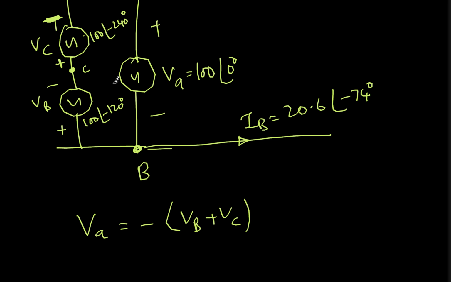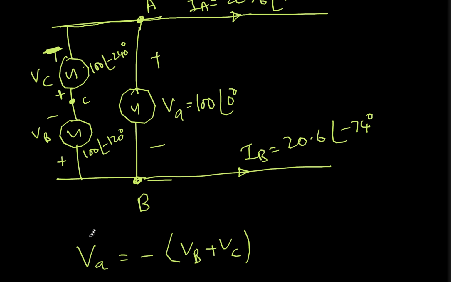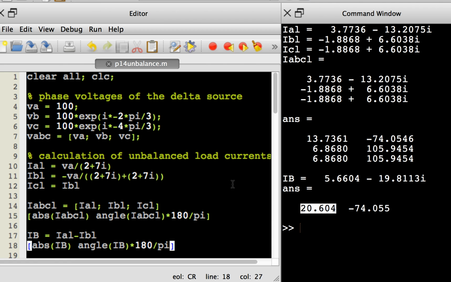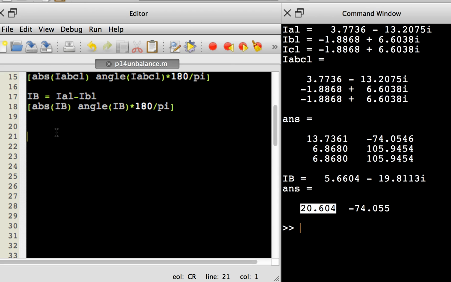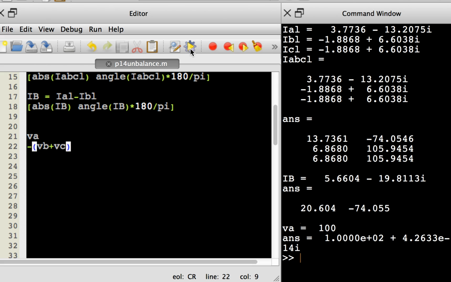In fact, you can check this, you know all these three values. Let's check it actually. I already calculated VA, VB and VC. First I'll display the value of VA, then I'll display the value of minus of VB plus VC. And you will notice that both of them are 100. Let me run it.